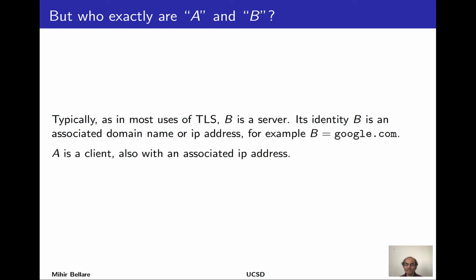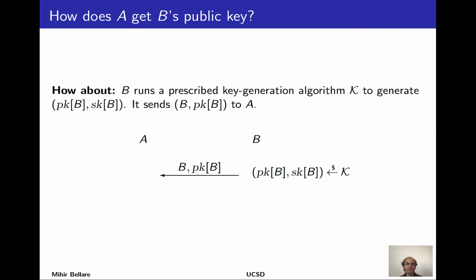For example, B equals google.com or amazon.com or any one of the numerous websites that we often visit. And we will kind of identify B with that identity. Similarly, A is also an IP address and is usually viewed as the client in these questions.